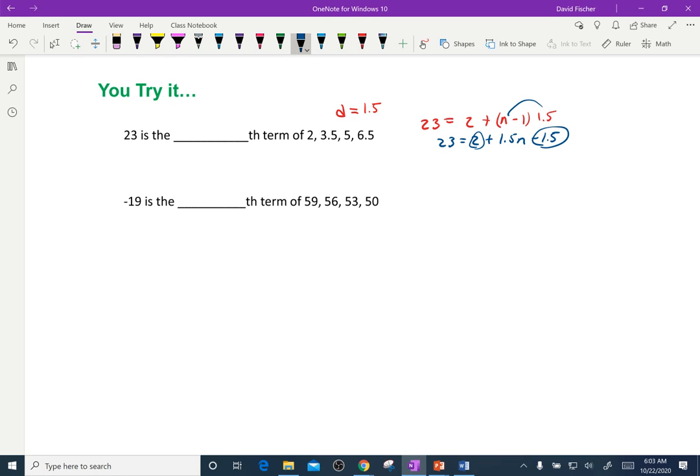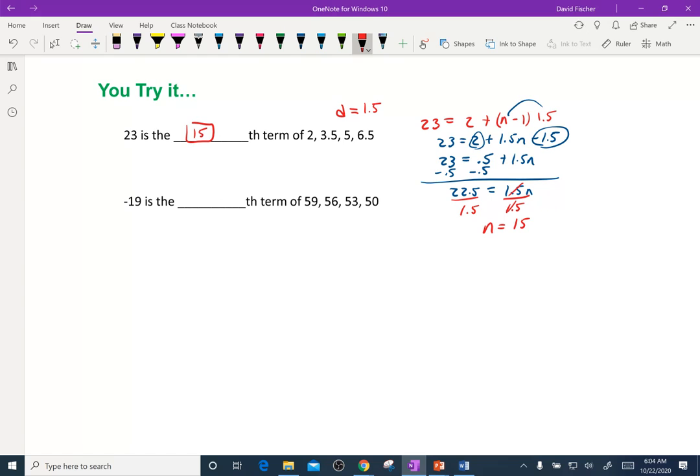And that gets me a 0.5. I'm getting 15. It's the 15th term.